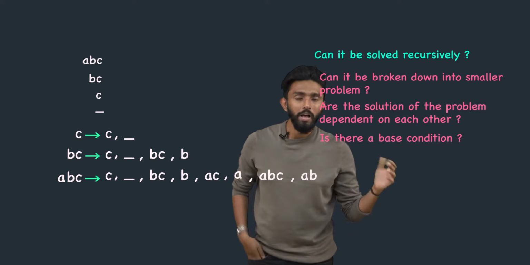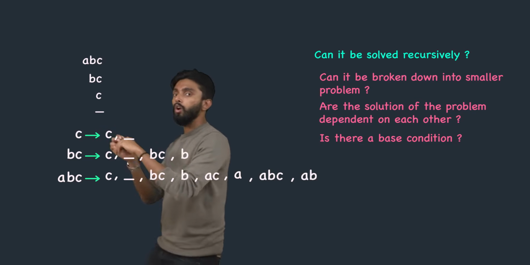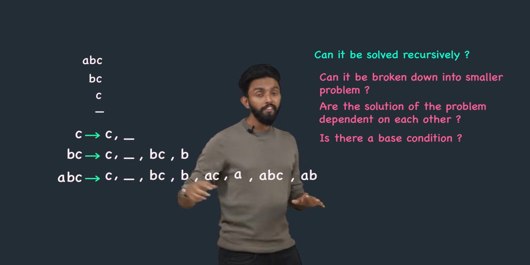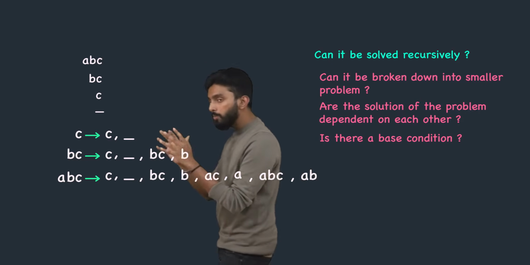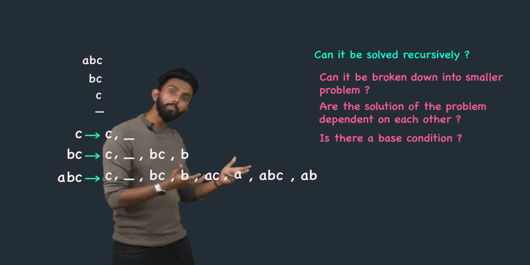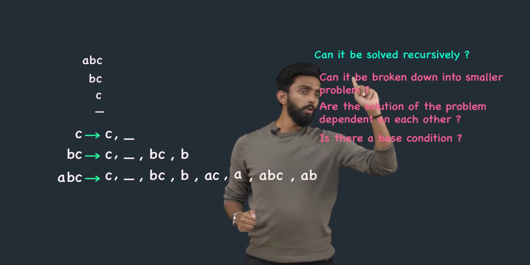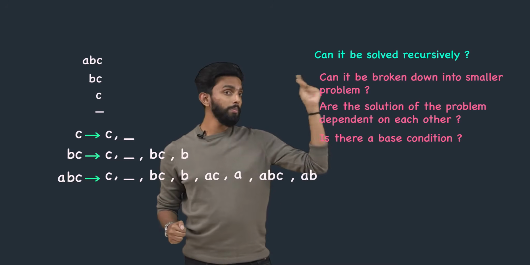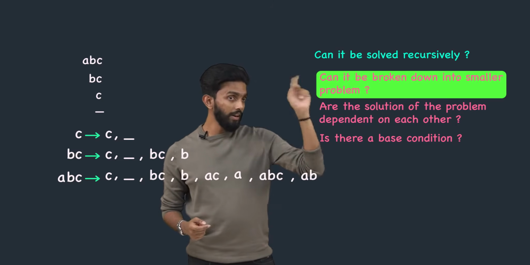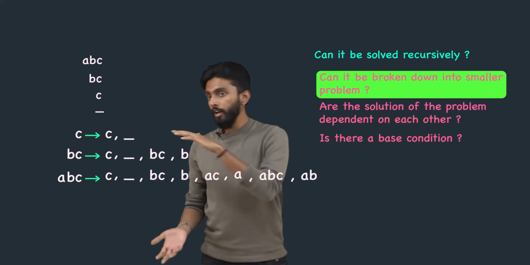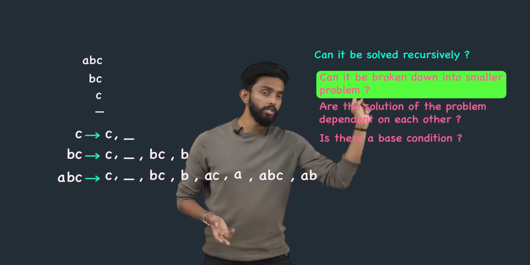Simple. Now obviously you cannot break it down even further because it will become empty. So definitely it is possible to break it down, which means the problem can be broken down into smaller problems. Yes, so I'm making it green. Next, are the solutions of the problems dependent on each other? 100% it is, so I'm making it green.